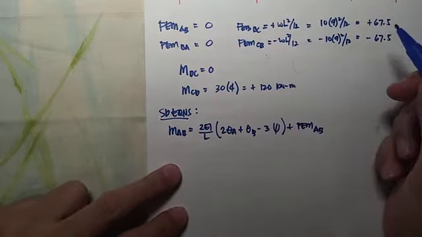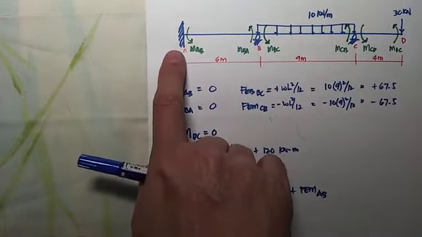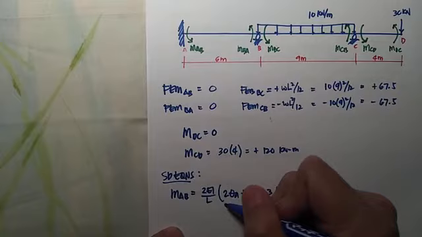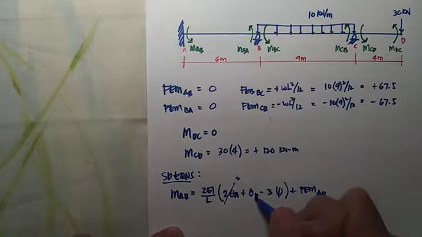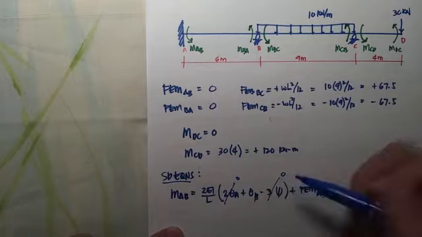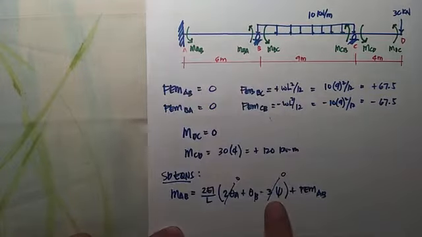Point A is a fixed support, therefore its slope or rotation is 0. So what is left is theta B. And there are no settlements at A and B, so delta is 0 also.